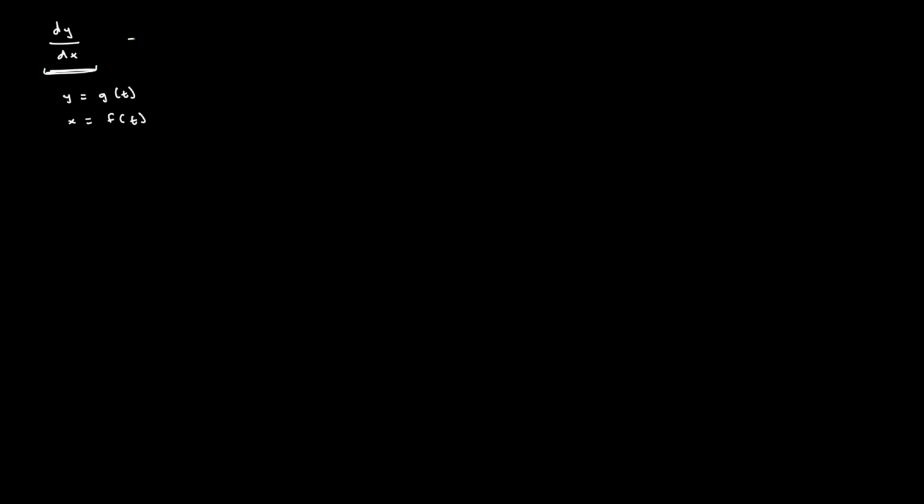If we apply the properties of derivatives, as we saw in the chain rule, if we can get dy over dt and multiply it by dt over dx, that can give us dy over dx. And we know that dt over dx is simply 1 over dx over dt. This comes from just the properties of derivatives.